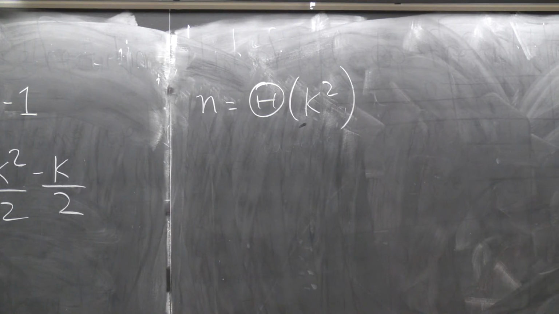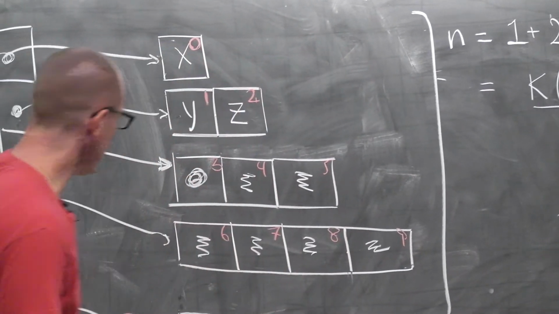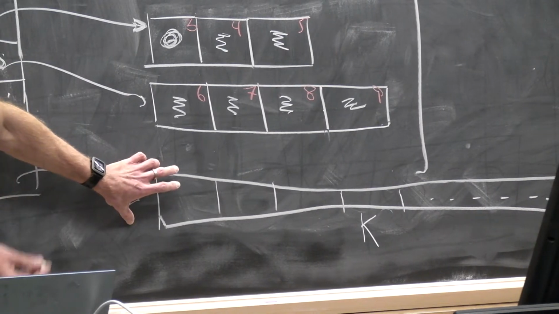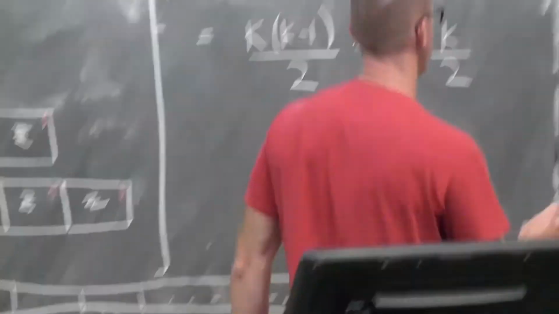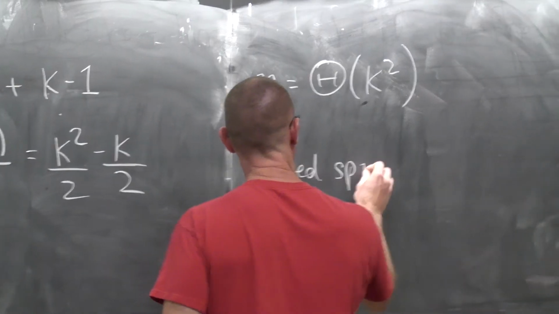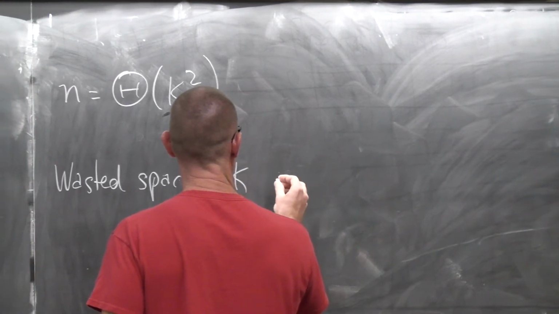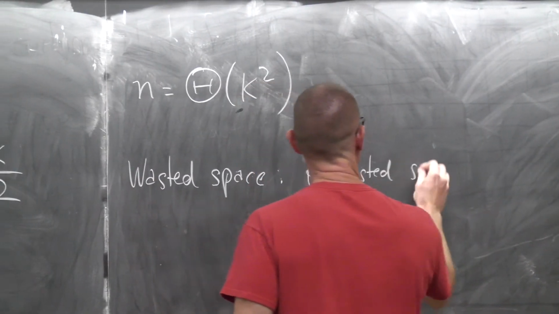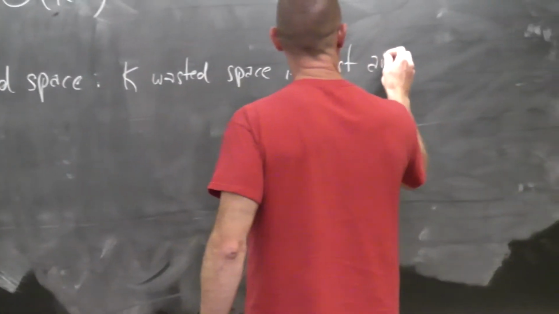And here we're wasting some space. And so let's see where the wasted space is. This last array is completely or partially empty. So if we count our wasted space, we have k wasted space in the last array.